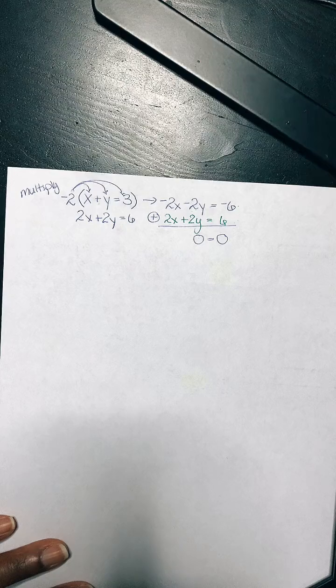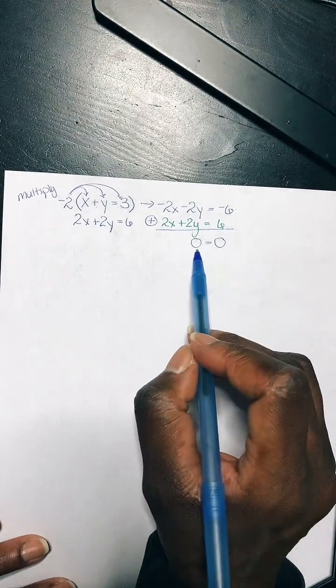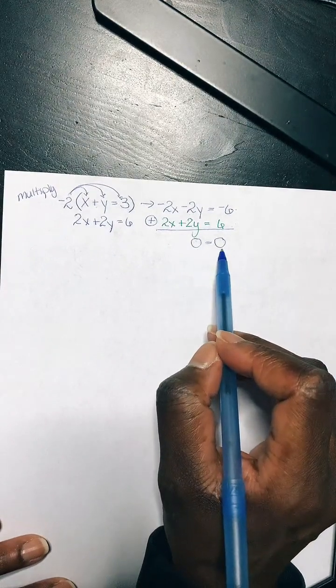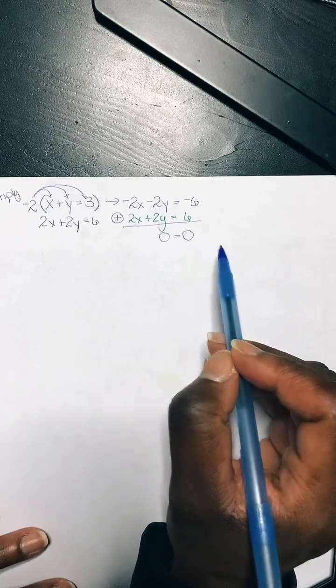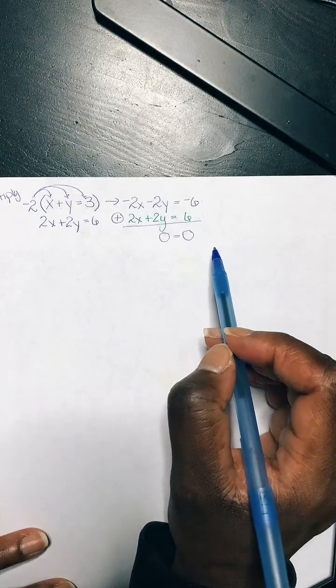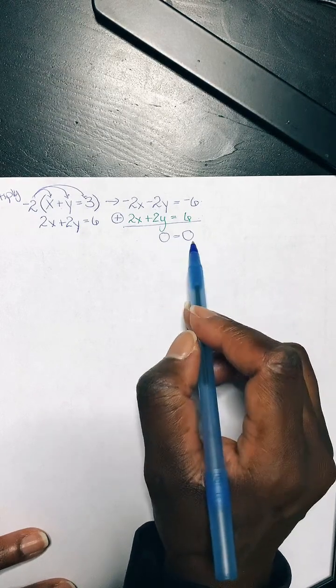Okay, so can 0 equal 0? Is that a possible situation? Is that a true statement? Can 0 equal 0? Yes. Okay, 0 can equal 0.